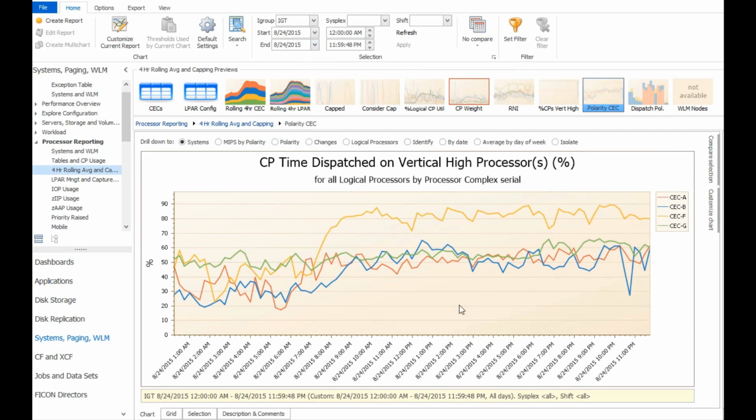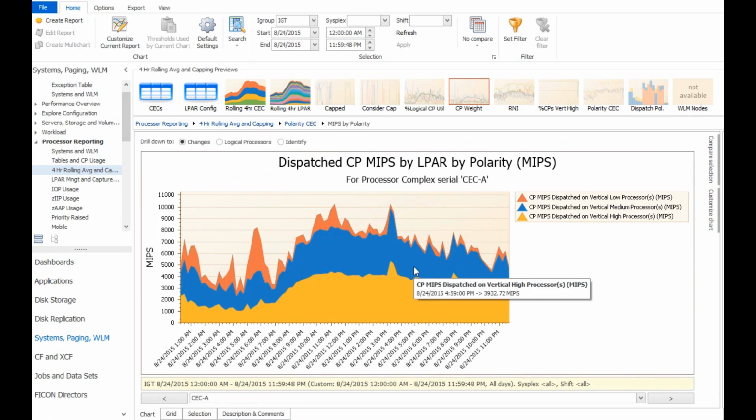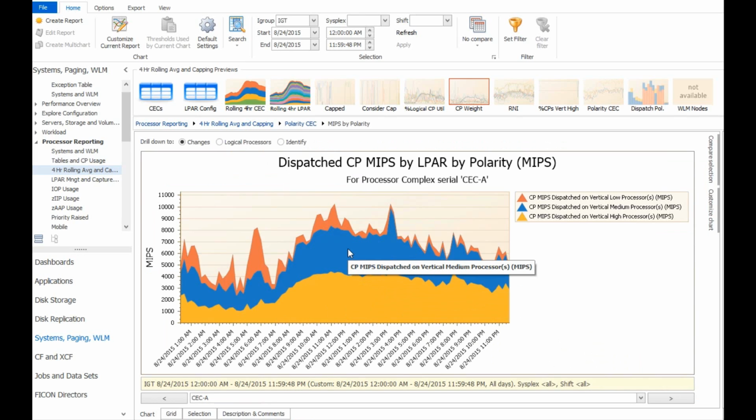So we can see then where the opportunities are, where is the most work that's not executing on vertical highs. Then we can drill down on a processor and see the MIPS by polarity over the time interval. So this is how many MIPS we're executing on vertical highs in yellow, vertical mediums in blue, and vertical lows in red.